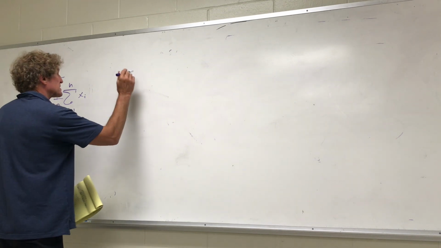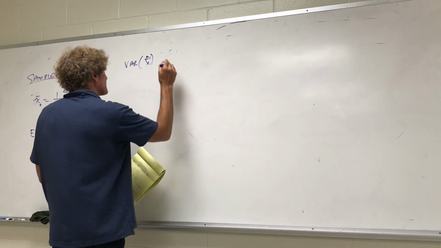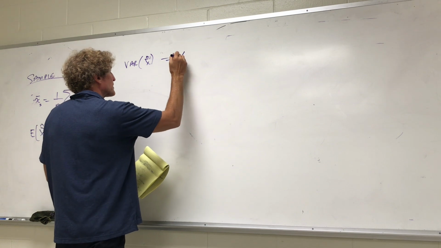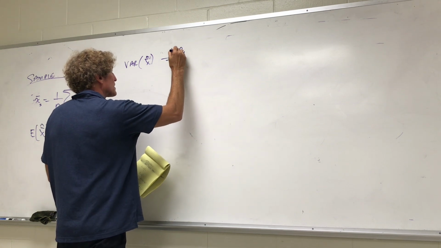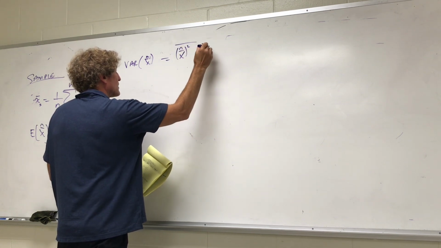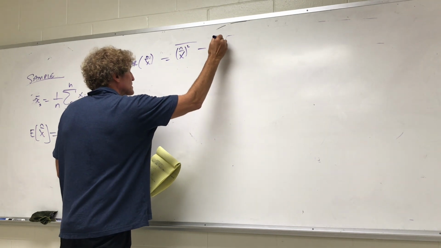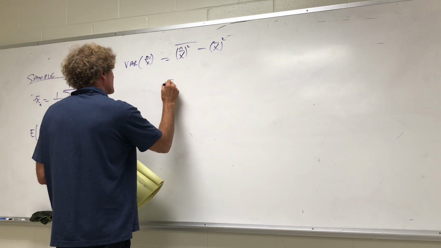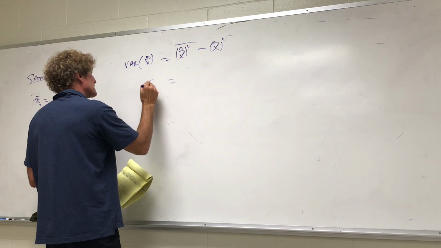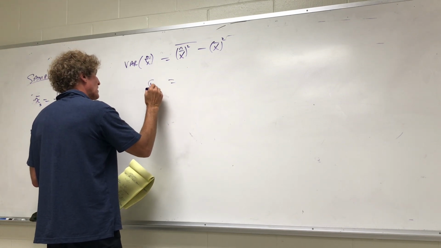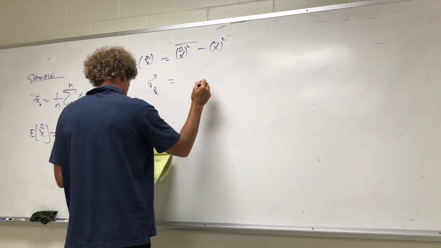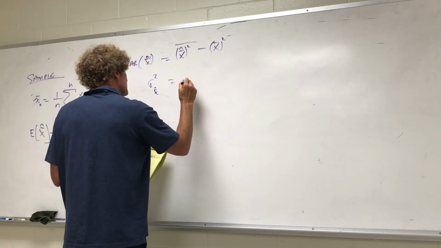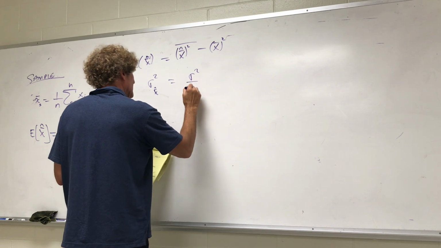And then the variance of that is equal to x bar hat quantity squared minus x bar squared. After all is said and done, the variance of this, sigma x bar hat squared, is given by sigma squared divided by n.